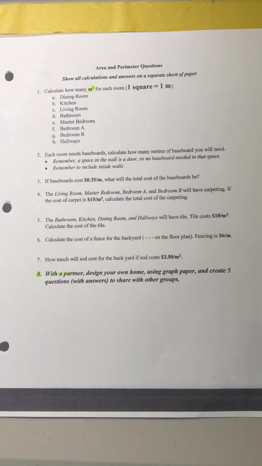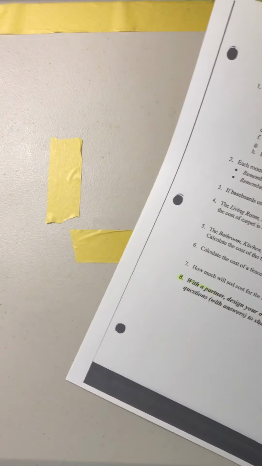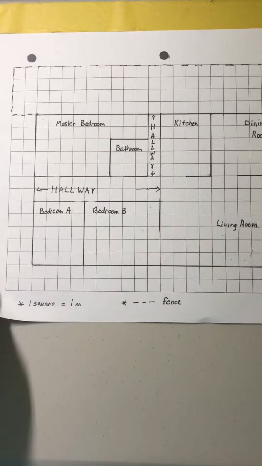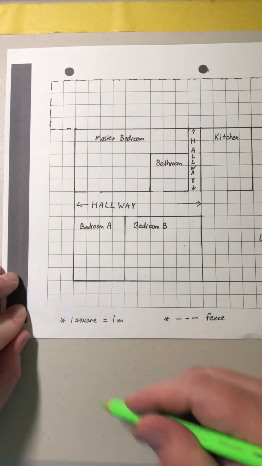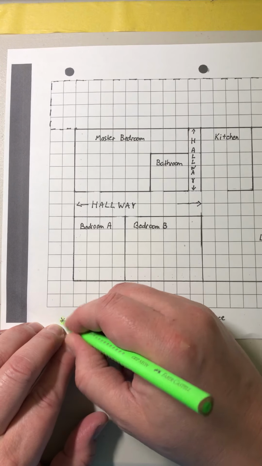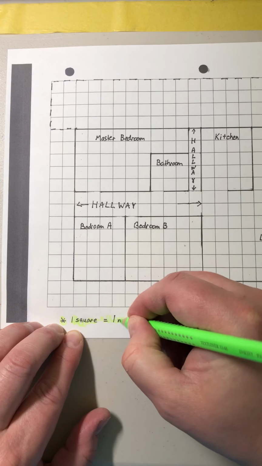Okay, so I want to show you a couple of things to make the assignment a lot easier. So first of all, down here is a little bit of a map legend, telling us what stuff means on the map.